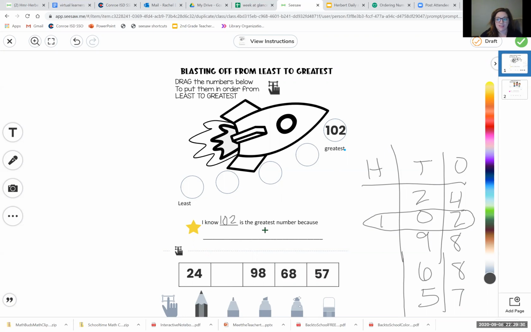You can say things like, it has a digit in the hundreds place, it has a 1 in the hundreds place, and nobody else does. You can say things like 100 is greater than 0 because there's nothing over here in these other numbers. Use whatever math talk you need to use to make sure you explain why that is the greatest number.